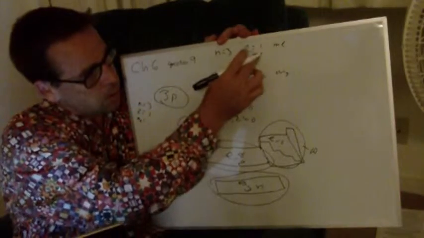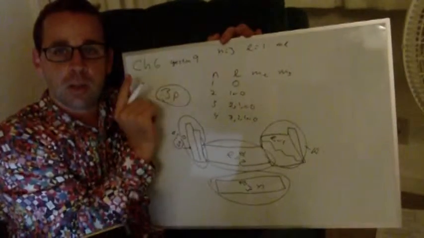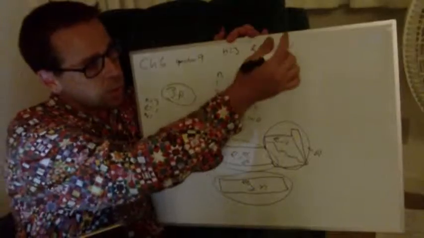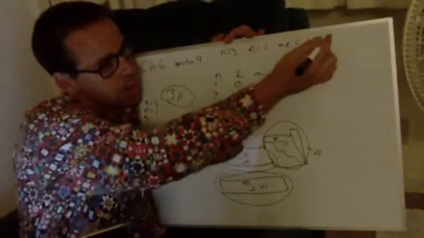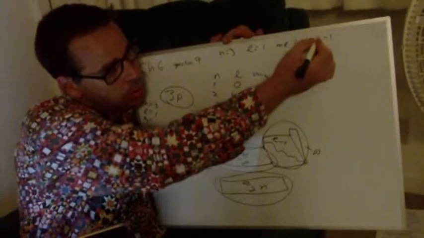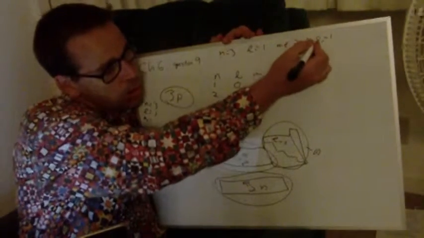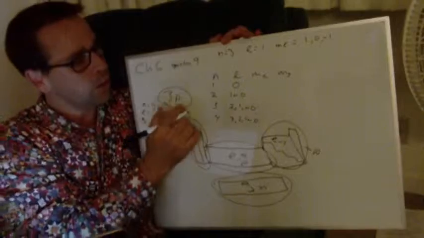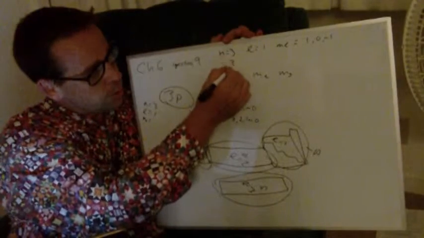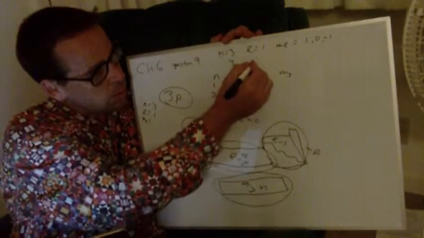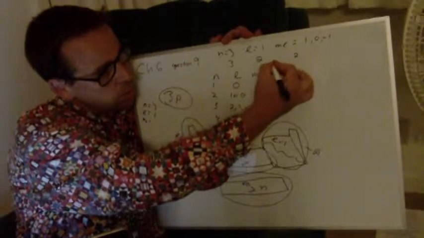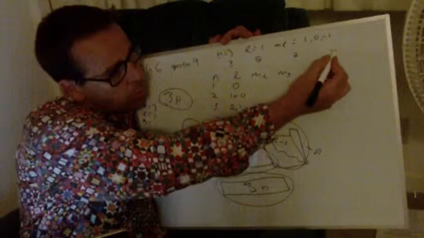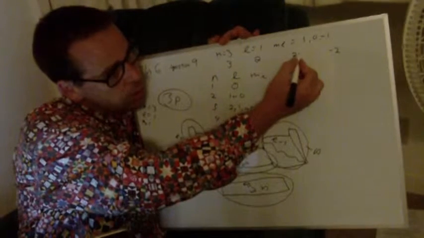What could m sub l be if l equaled 1? It could be as high as 1 and as low as negative 1 and all the integers in between. So that's 1, 0, and negative 1. If I had a scenario where I was looking for n equals 3, l equals 2, m sub l could now be 2 all the way down to negative 2 and all the integers in between.